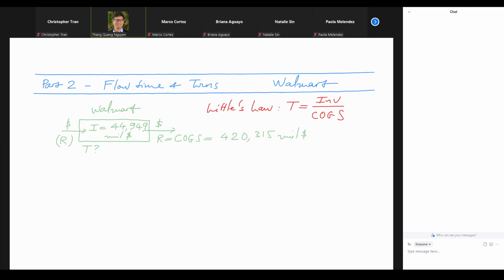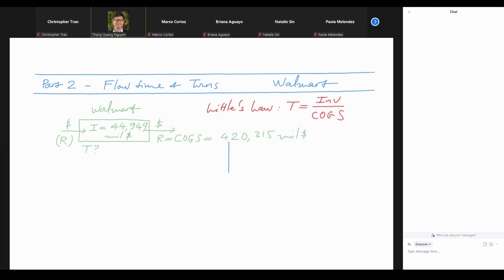We did a lot of examples earlier about Little's law, and I hope that everybody knows how to understand this equation. All right, so that's the basis for us to find the flow time for Walmart. Let's continue our table here.